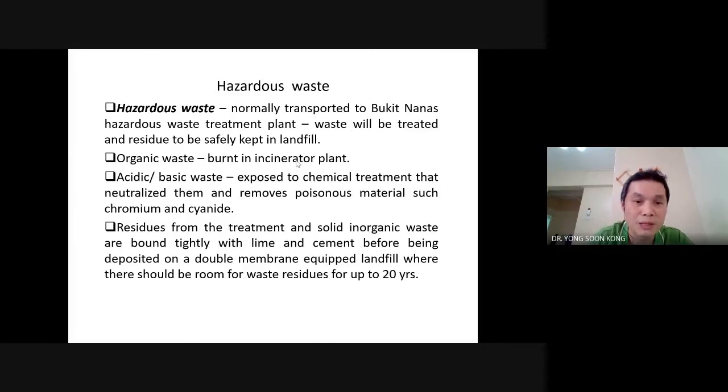Okay, third point, residues from the treatment and solid inorganic waste are bound tightly with lime. So yeah, this is the elaboration of the second point. Also immobilization. So you see that they put limestone, calcium carbonate, or they put cement. Now, limestone itself is not going to solidify the so-called pollutant.